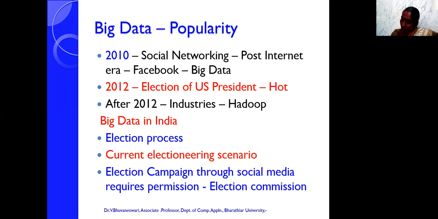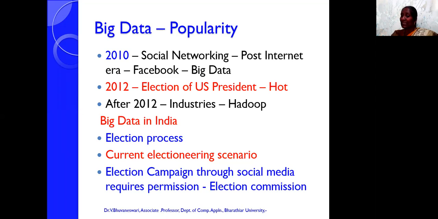Every party has its own Facebook account and its own Twitter account. All political leaders tweet, they understand opinions, and they collaborate through social media platforms. So even our government has used big data and data analytics for the electioneering process.